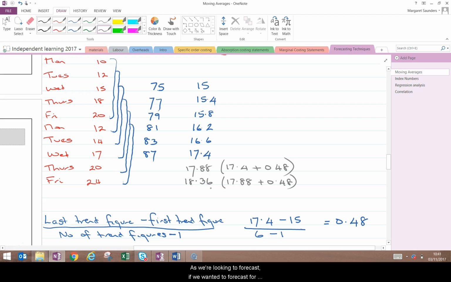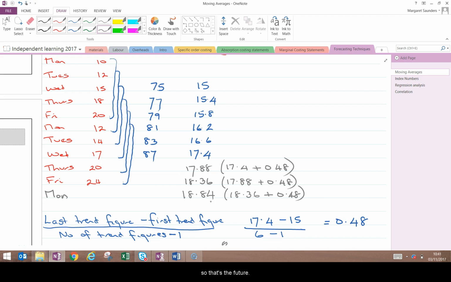And as we're looking to forecast, if we wanted to forecast for the following Monday, then we can calculate that our trend for the Monday would be the last trend figure, 18.36 plus 0.48, 18.84. So we have now forecast the trend in our sales for Monday of week 3.